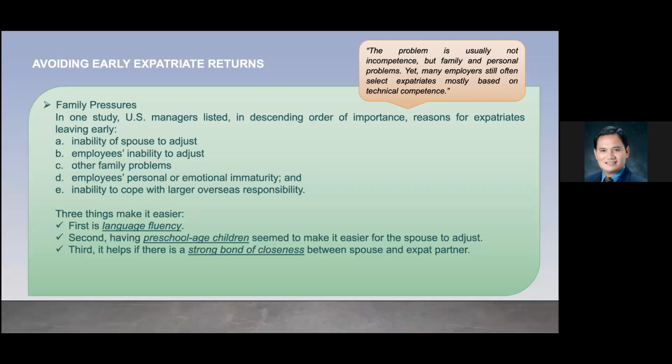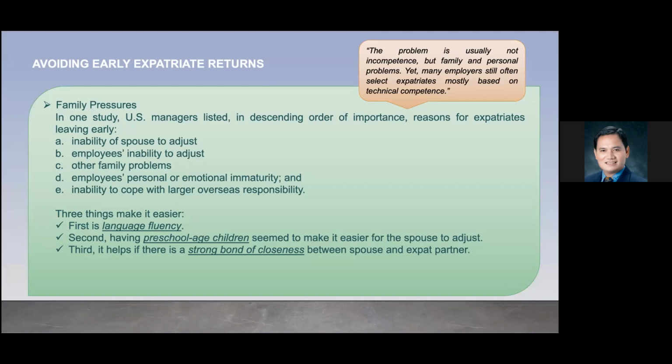Here are some of the reasons that lead to early expatriate returns. In one study, the U.S. managers listed, in descending order of importance, the reasons for expatriates leaving early, such as the inability of their spouse to adjust, the employee's inability to adjust, and other family problems, and also the employee's personal and or emotional immaturity, and their inability to cope with larger overseas responsibility.